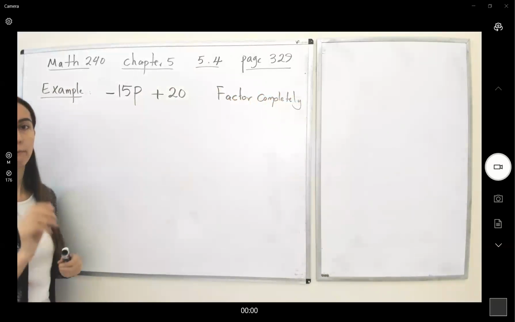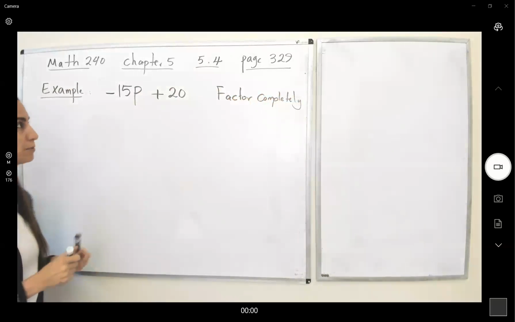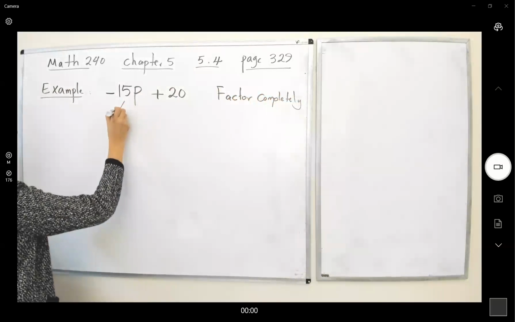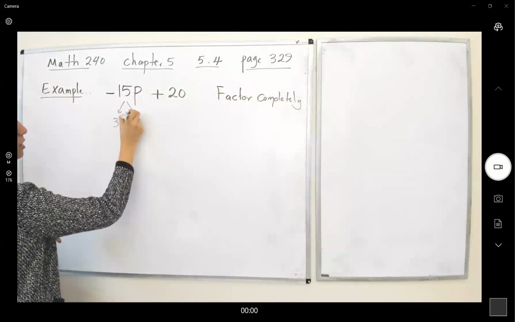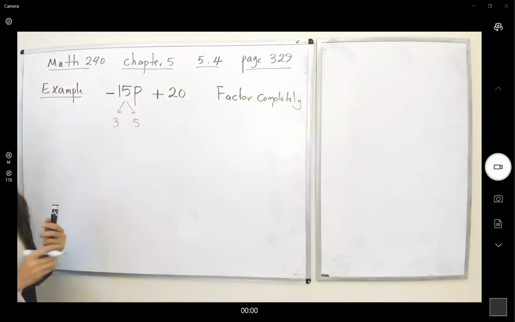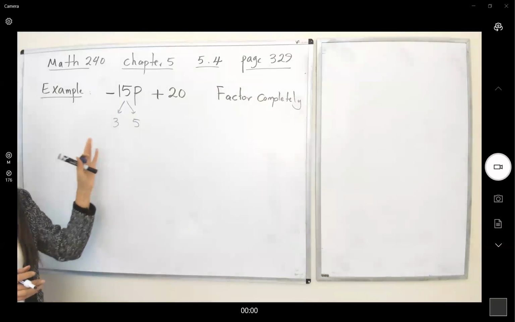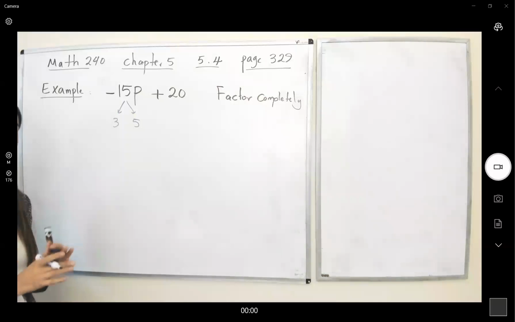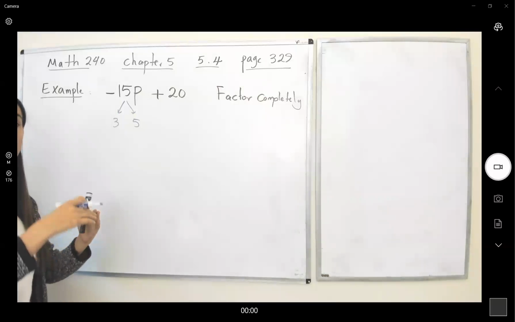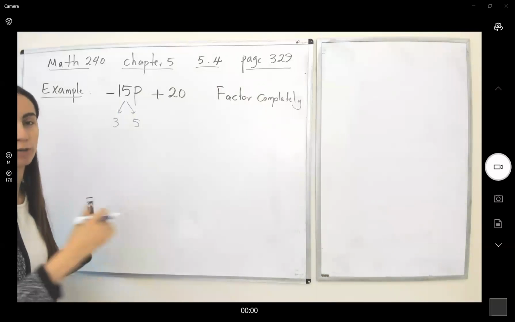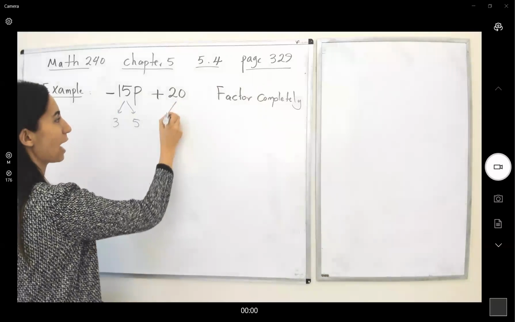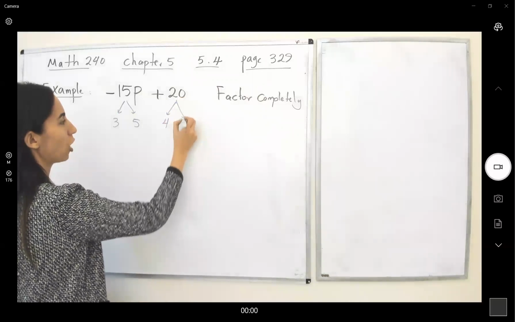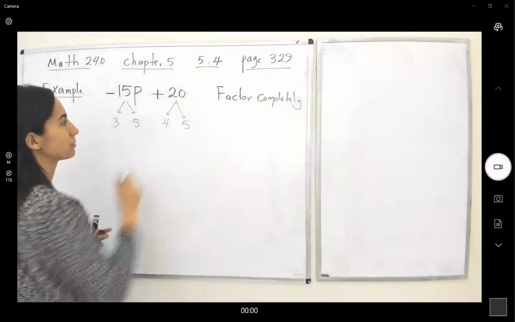Here you have minus 15. 15 is 3 times 5. So it was either negative 3 times 5 or 5 times negative 3 or negative 1 times 3 times 5. And 20 is actually 4 times 5.